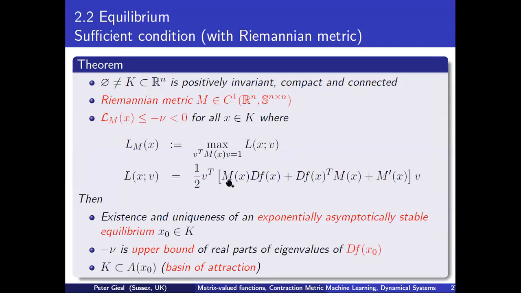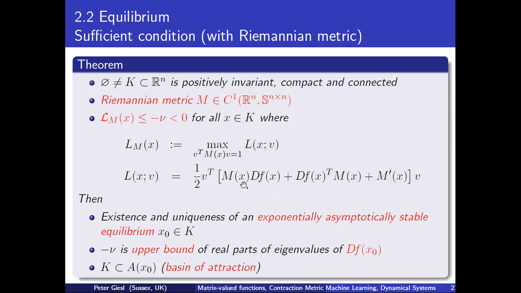In the end, we want this function here, the maximum, to be negative. What we want is that this matrix here is a negative definite matrix for all x. And that is, as it turns out, equivalent to this being negative.